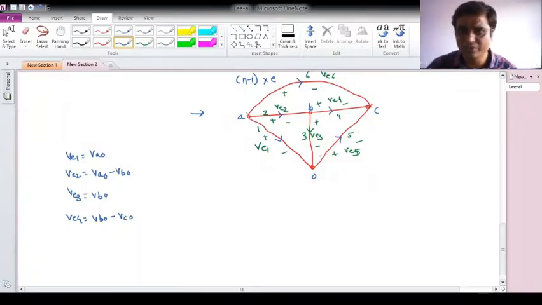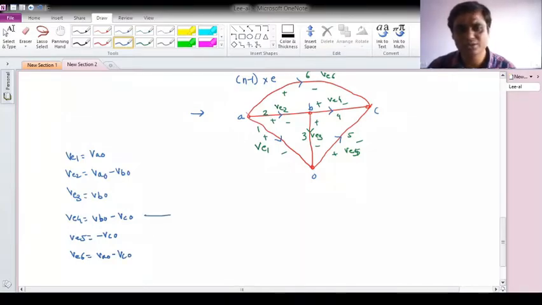What will be VE5? VE5 will be equal to VOC, or if I want to write in terms of VCO, it will be minus VCO. What about VE6? It will be VAO plus VOC, so VAO minus VCO.